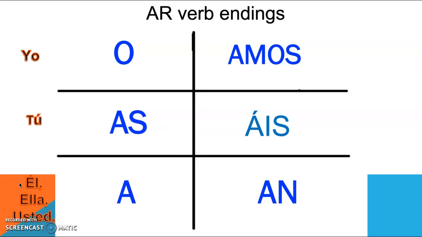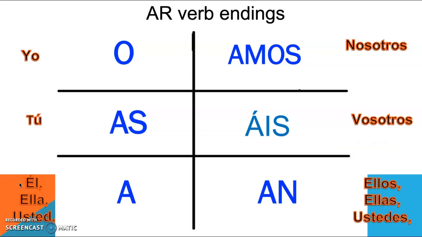If our subject is él, ella, or usted, our ending is going to be the letter A. If our subject is nosotros or nosotras, our ending is going to be amos. If ours is ellos, ellas, ustedes, ours is going to be an.